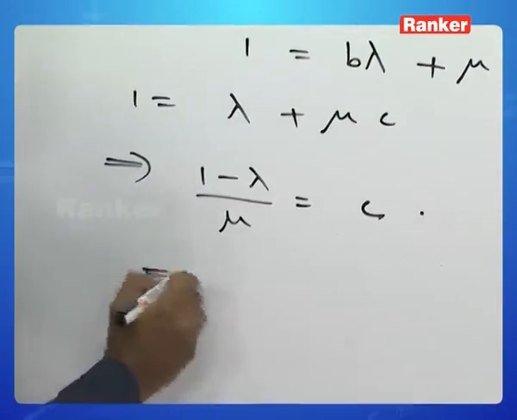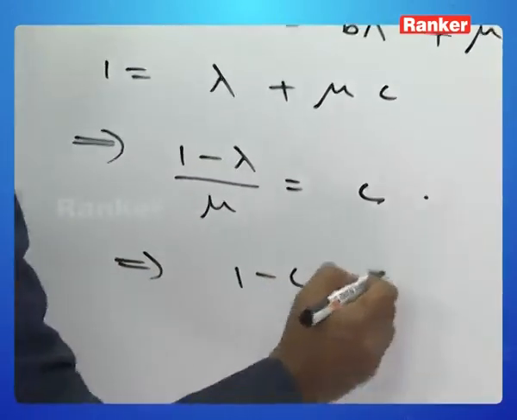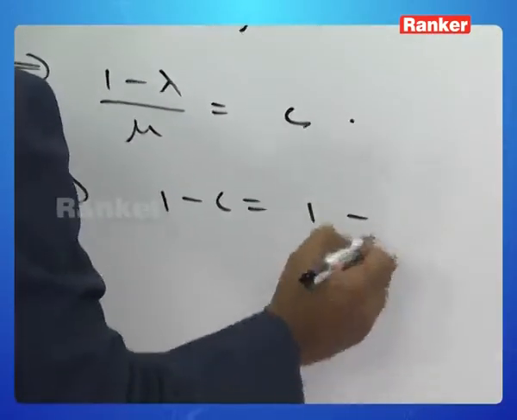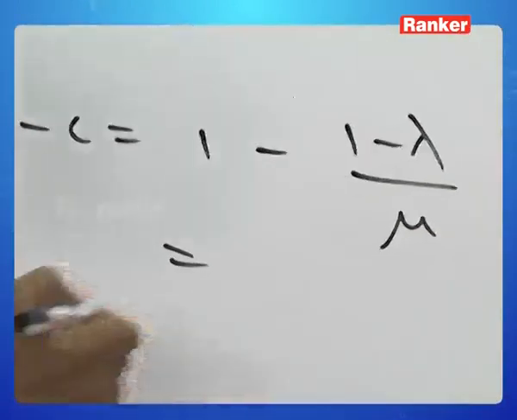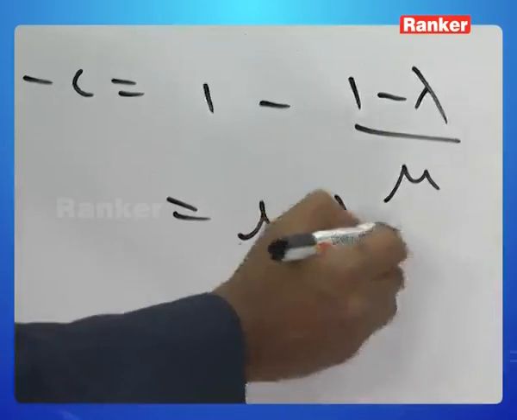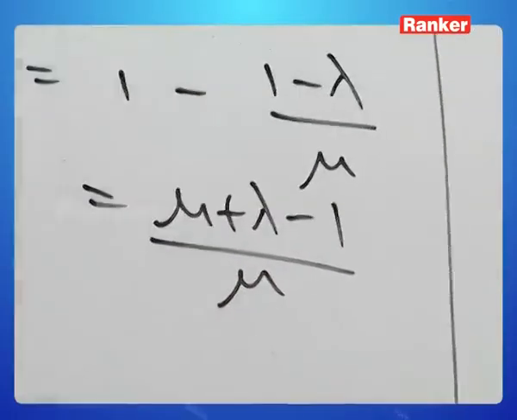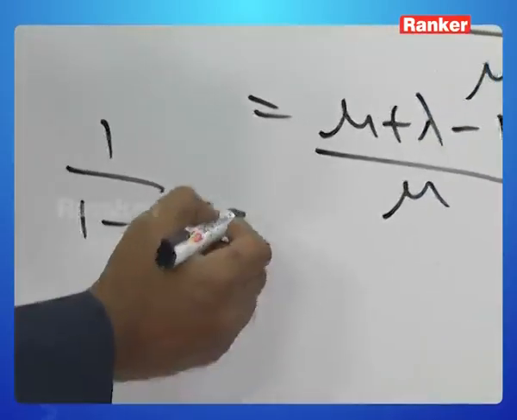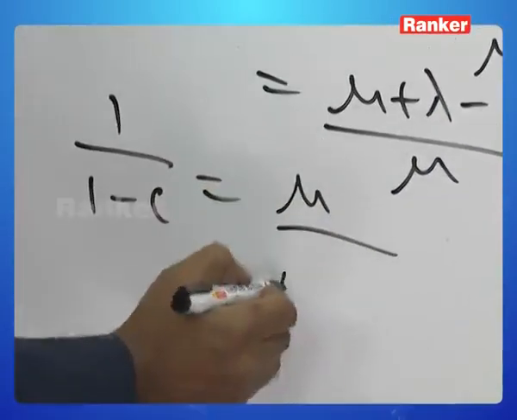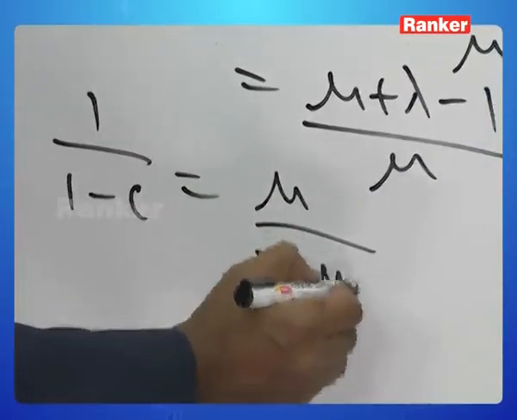But what we wanted is 1 minus c. So 1 minus c, that makes it 1 minus lambda by mu. That makes it mu plus lambda minus 1 by mu. 1 by 1 minus c will therefore be mu by lambda plus mu minus 1.